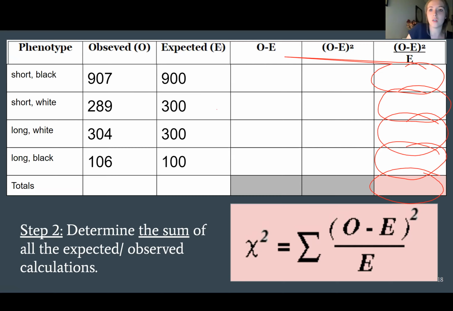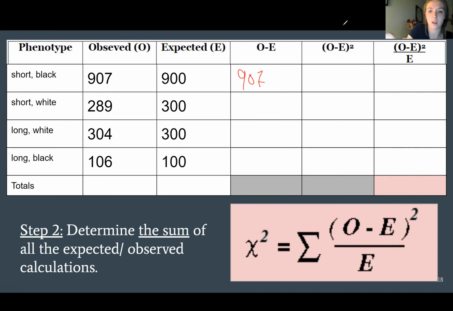You're going to take your observed minus your expected, which in this case is 907 minus 900. First of all, this is going to give you a 7. That means your observed minus expected squared is going to be 49. I don't know that number off the top of my head, so let's do this on a calculator like the astute AP Bio students that we are.